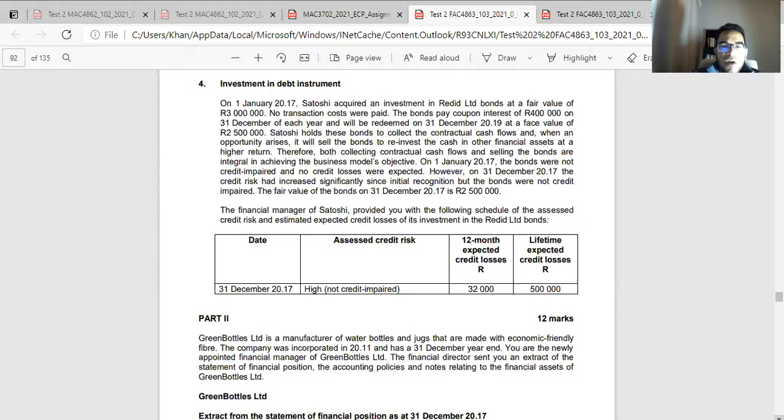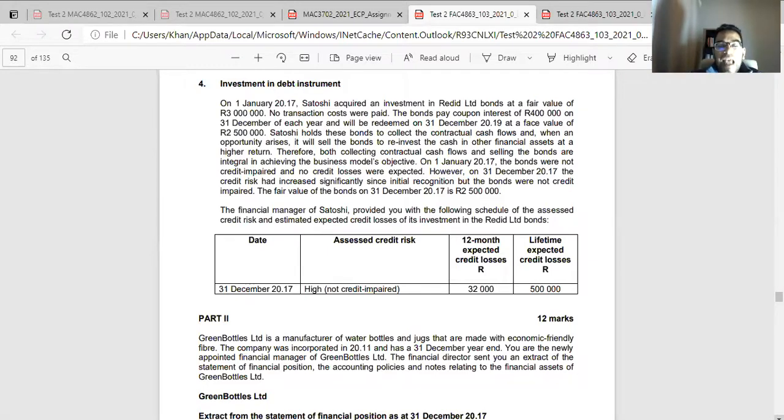Satoshi holds its bonds to collect contractual cash flows, and when an opportunity arises, it will sell the bonds to reinvest the cash in other financial assets at a higher return. So it is held in a business model to collect contractual cash flows. However, the contractual cash flows are payments of principal, interest, and the reselling of the asset.